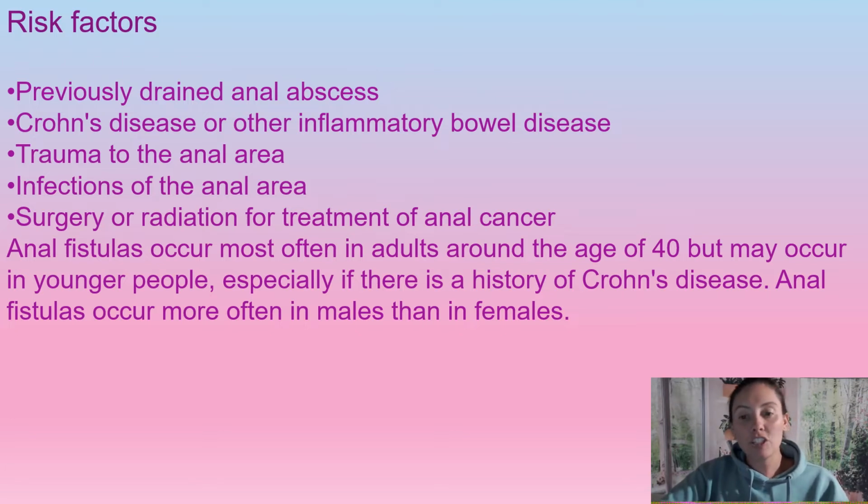Now, anal fistulas occur more in adults around the age of 40, but may occur in younger people, especially if there's a history of Crohn's disease. And anal fistulas happen more in men than in women.